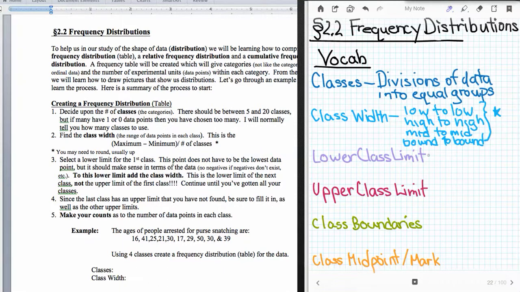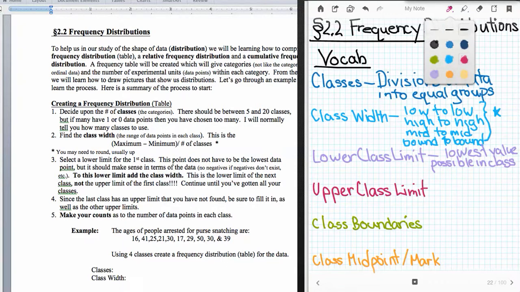Now the next thing here that we have is the lower class limit. So this is the lowest value possible in a class. So we have the lowest number included within a class. That's what we would call it.